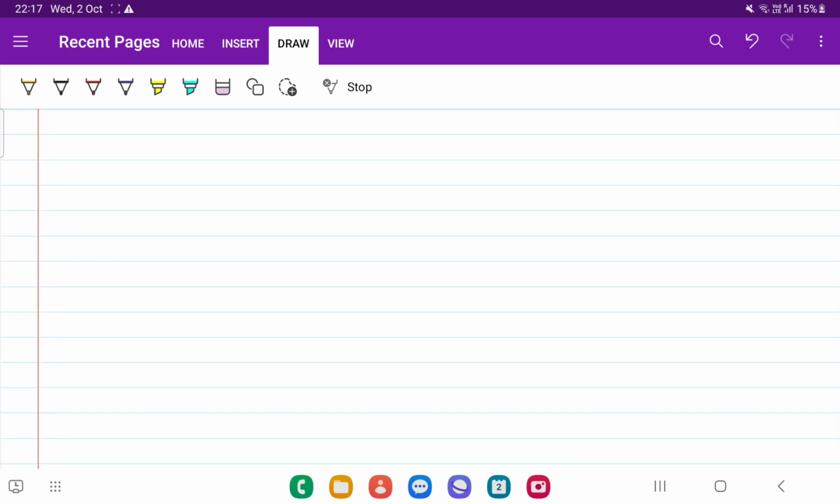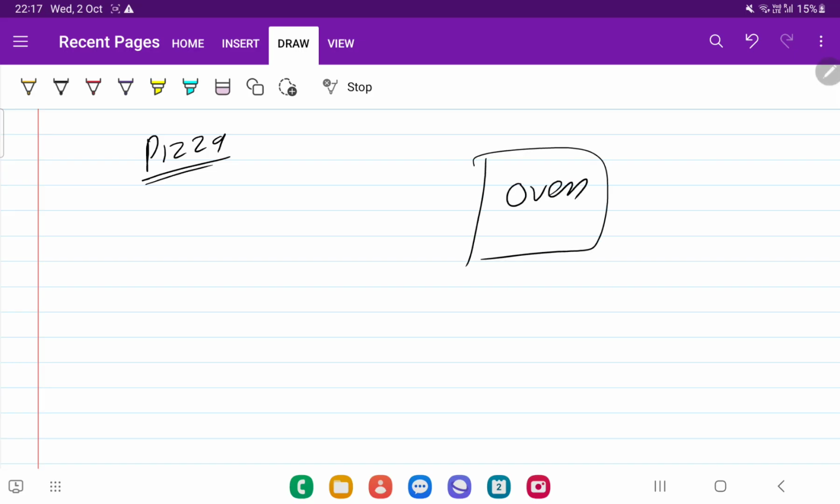Now let us go to the third terminology. First of all, let us take an example and then we will go to the terminology. So let's say a pizza station is there, right? In this pizza station, let's say there is a system, there is an oven.